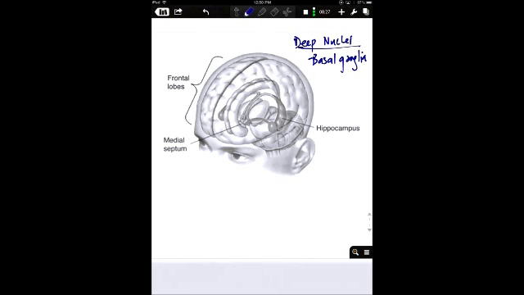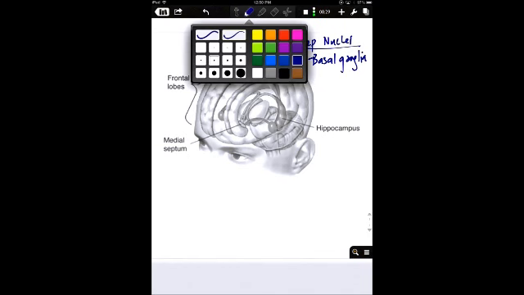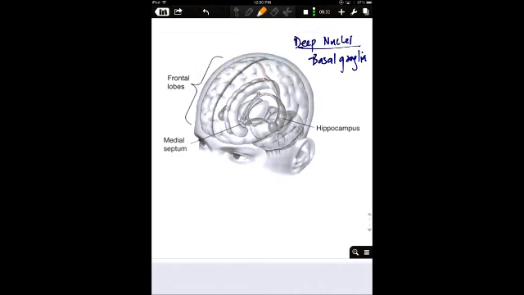So this guy here, he's known as the caudate nucleus, and he curls around to the back over there, and actually ends. Well, that's caudate nucleus. Yep.